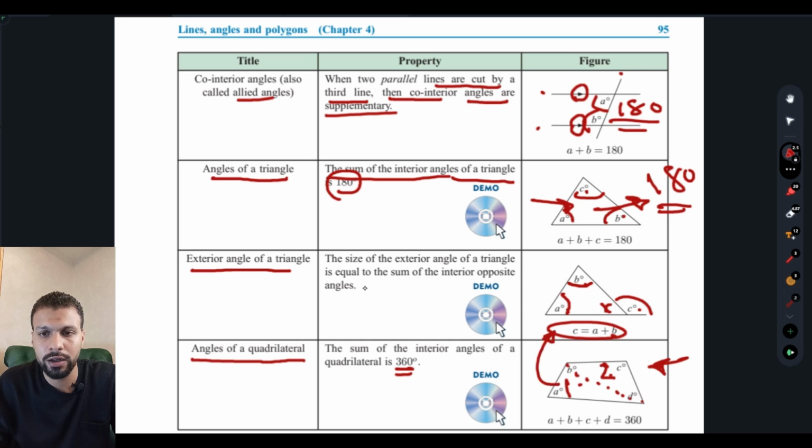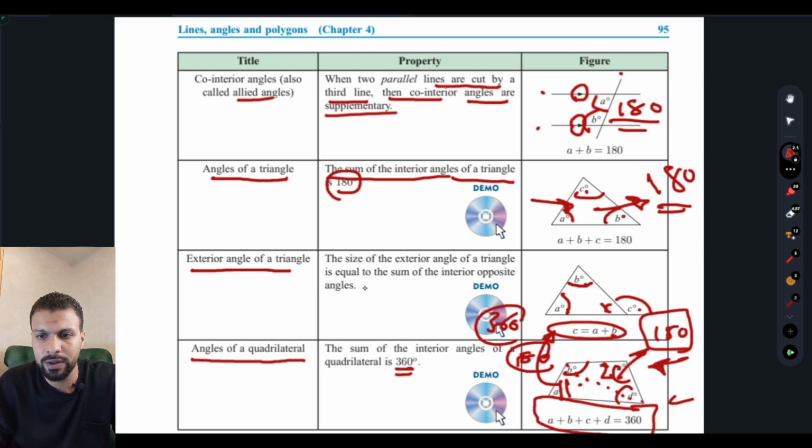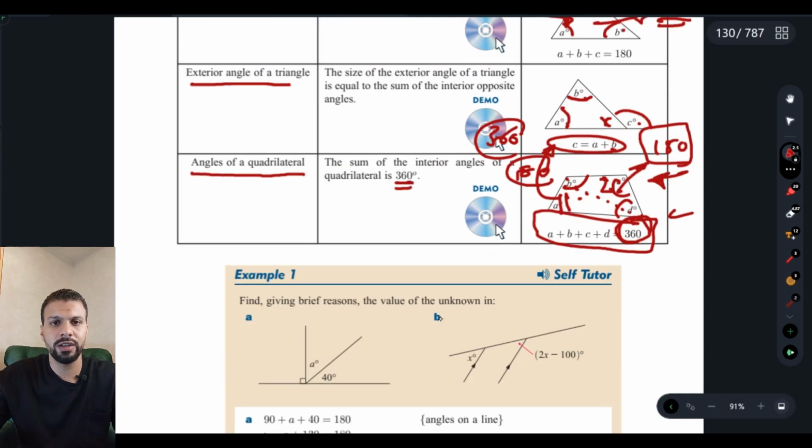The first triangle equals 180, and the second triangle equals 180. Then the sum of them gives me 360. Then this proof is right. Then A plus B plus C plus D equals 360. Thank you so much. Let's continue.